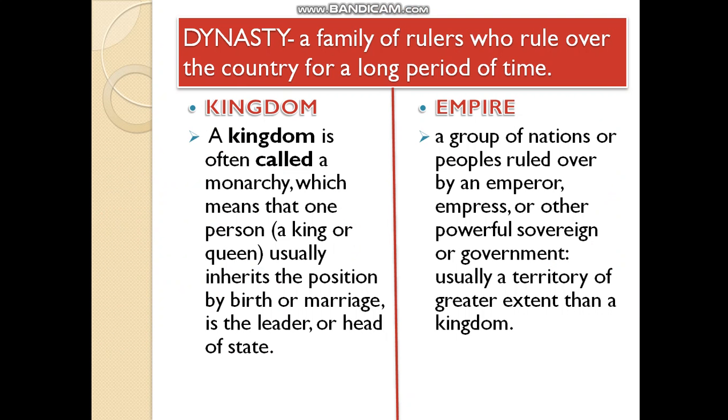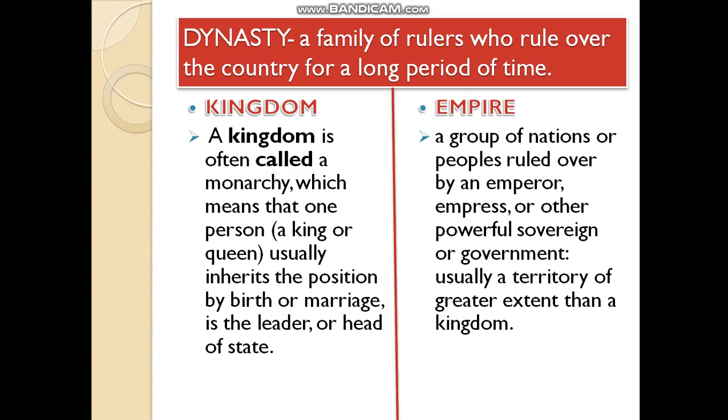Now, what is the difference between dynasty, kingdom, and empire? A dynasty is a family of rulers who rule over the country for a long period of time, and it is inherited by the children from their grandparents or their parents. Now, what is a kingdom? A kingdom is often called a monarchy. What is a monarchy? Where the kingdom is looked after by a king or a queen, and usually they inherit the position from birth to become leaders or head of the state.